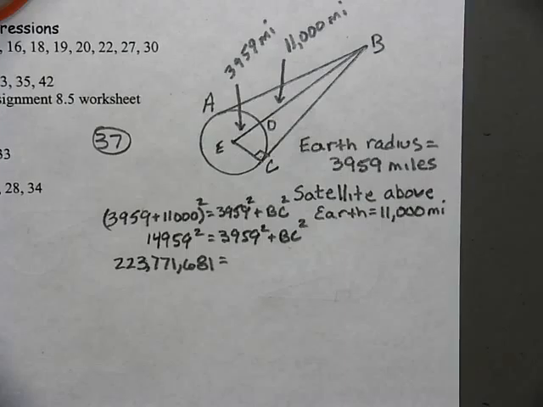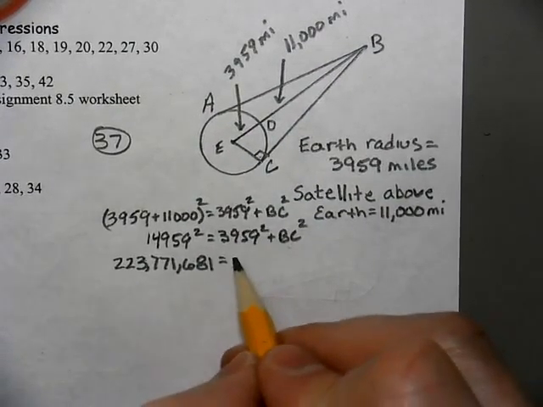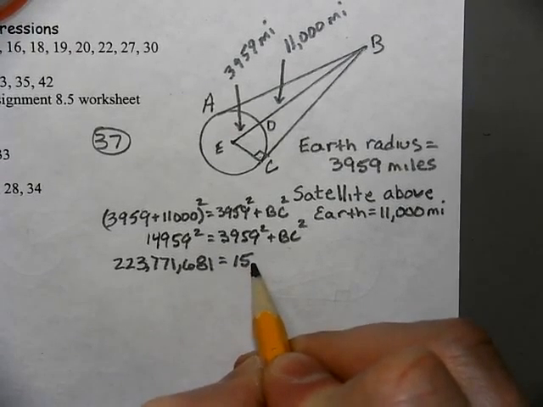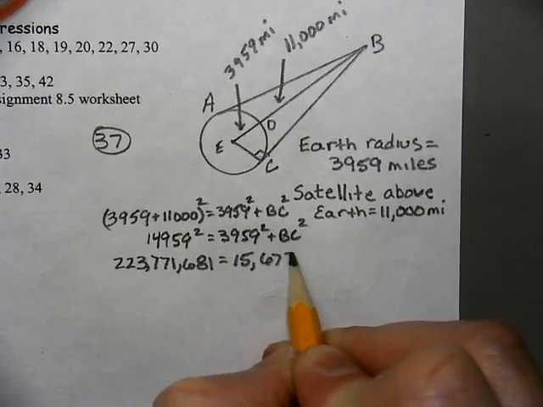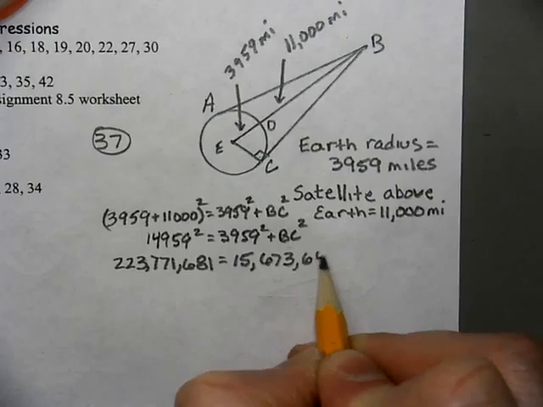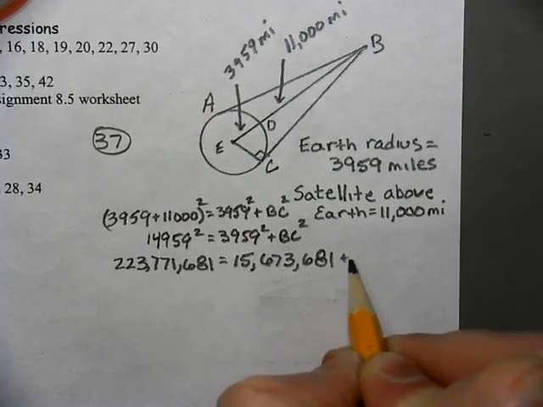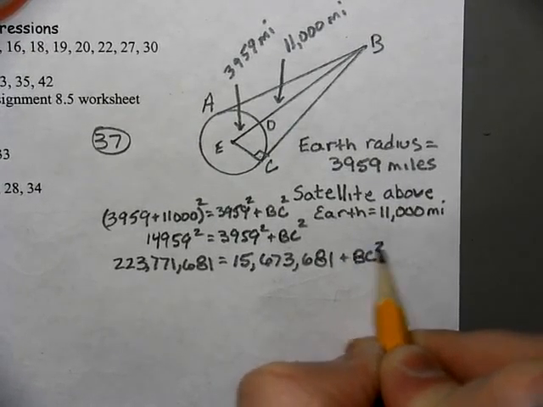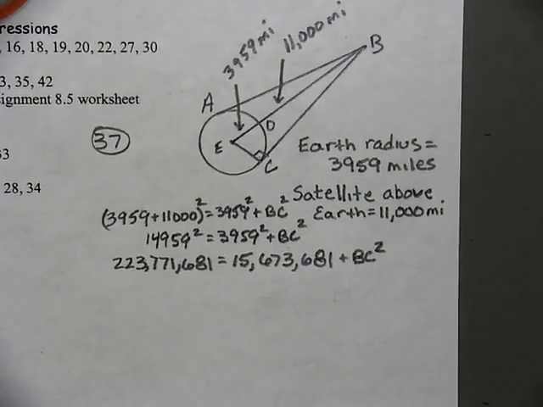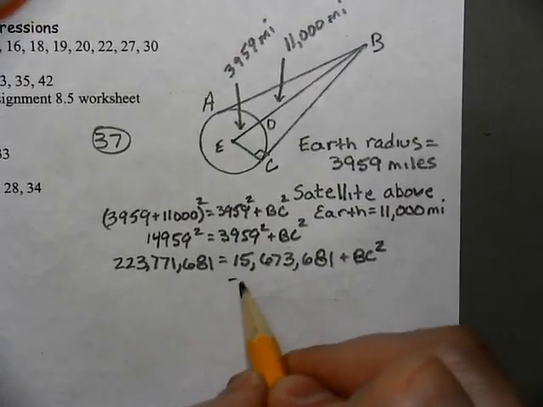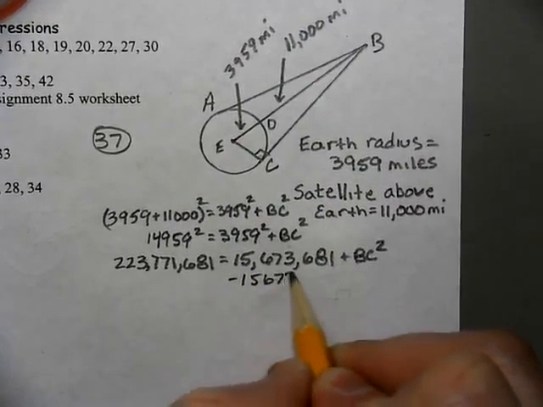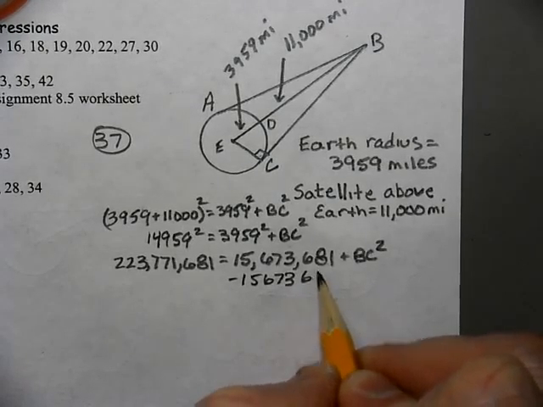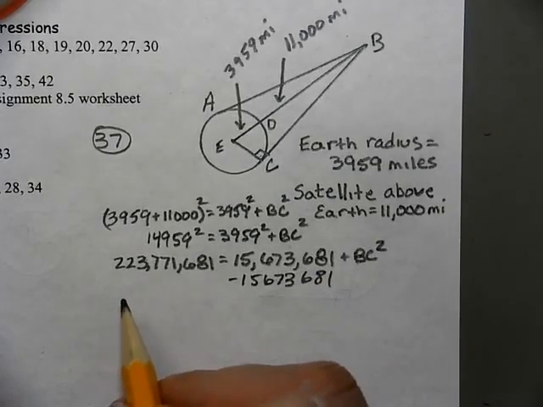And that's supposed to equal our 3,959 squared, which is 15,673,681, plus this unknown BC value. Well, we have to subtract our 15,673,681.